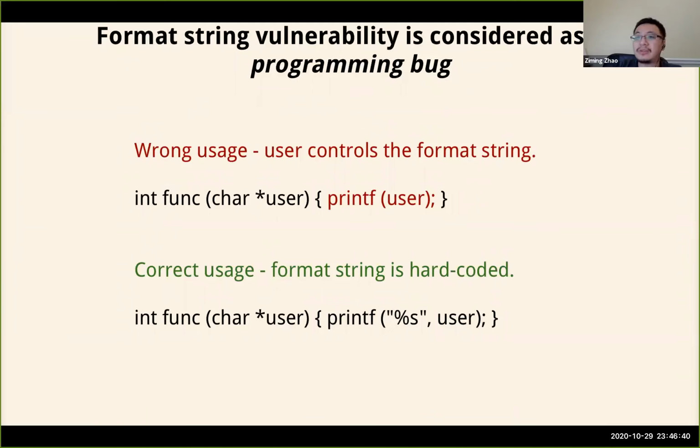That's why the format string vulnerability, at the beginning, was considered a programming bug. Programmers are not supposed to use printf directly with a user input, because the user controls the format string. The correct usage is to always hard code the format string part. Then the user input will only be used as other arguments, not the first argument.